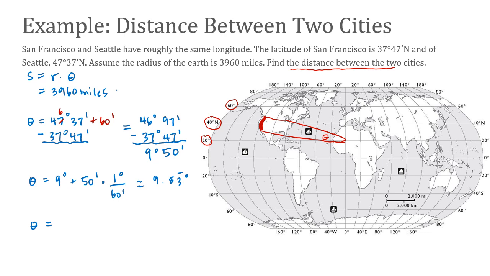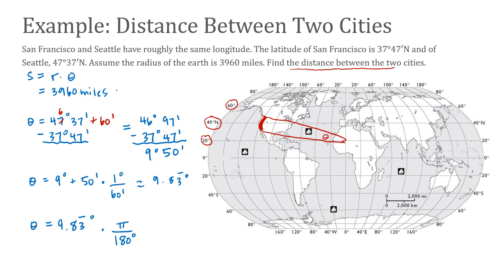But that's not good enough. I need to convert the degrees to radians. So again, I'm going to use a conversion. 9.833333 degrees times, I know that 180 degrees is equivalent to pi radians.